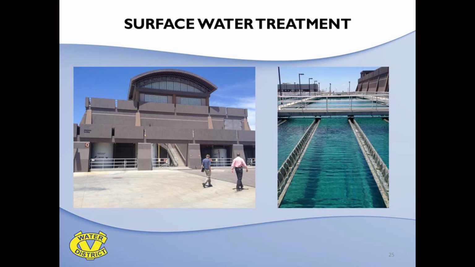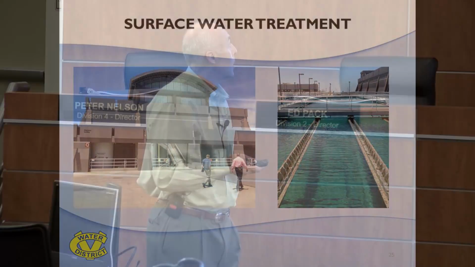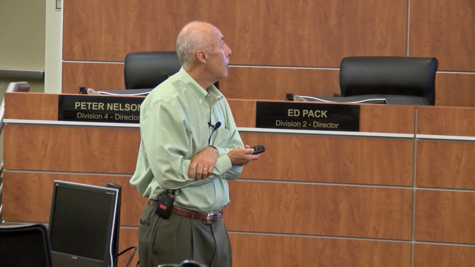Steve mentioned, there are many communities, cities in California, Nevada, Arizona that treat Colorado River water for domestic water use. And our team has gone out and visited several of these plants in California and Arizona just to get a flavor for how they've done it, and just to give us more background on this potential solution.